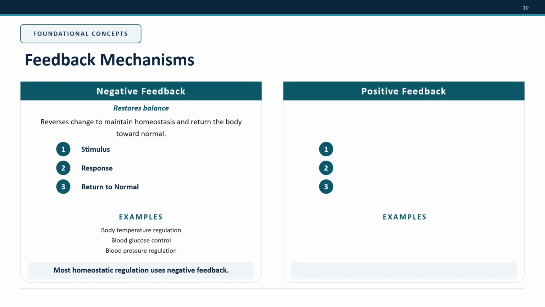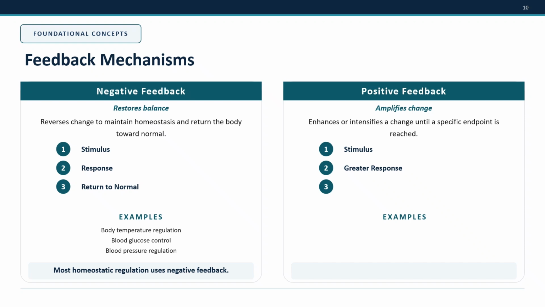Likewise, though, we also have positive feedback. This is going to amplify change. So, as we get that stimulus, the example that I'm going to use, which is most commonly used, is childbirth. We get a greater response instead of returning to normal.